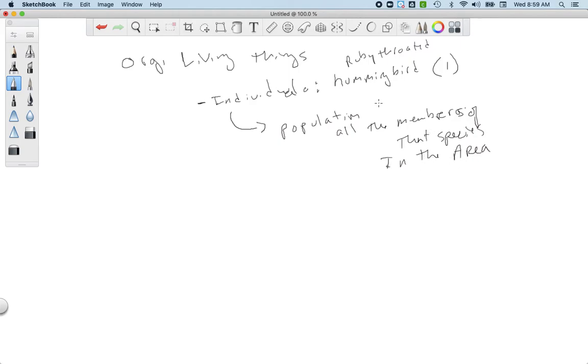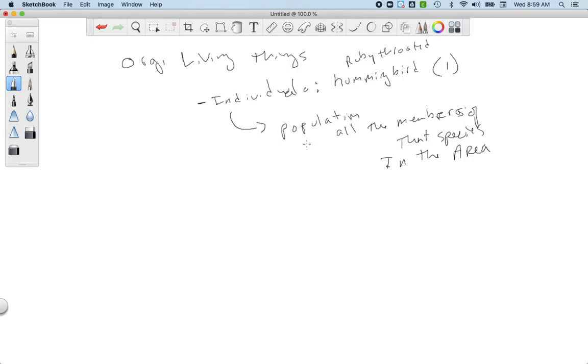In my case, it would be not just my backyard. It's, I would guess, at least 50 to 60 miles around here. There must be several thousand hummingbirds. But only one is probably coming to my backyard because they are very territorial.